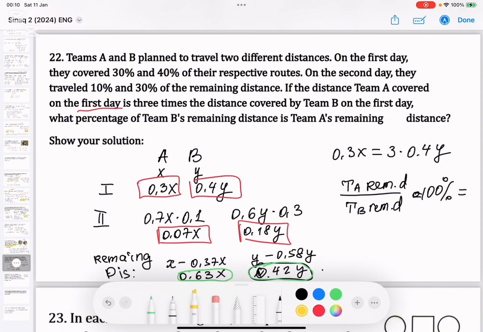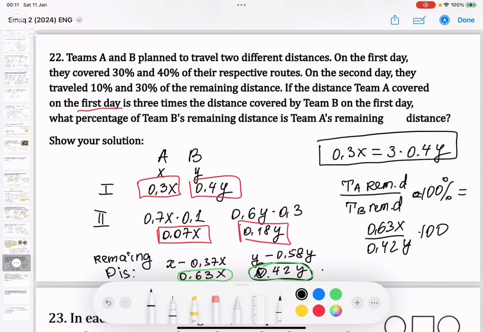All right, so let's go back to the question. We have to find this percentage: Team A's remaining distance would be 0.63x divided by 0.42y times 100. Now guys, we have to use the very first equation written a bit earlier.